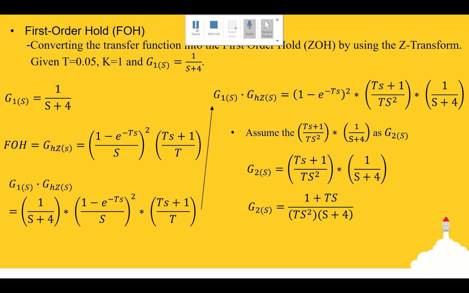And therefore we multiply Ts plus 1 over Ts squared times 1 over S plus 4, and we get G2(S), function number 2, as 1 plus Ts over Ts squared times S plus 4.